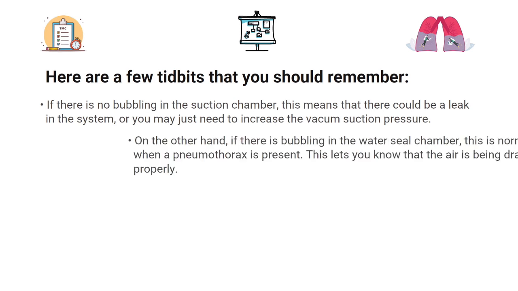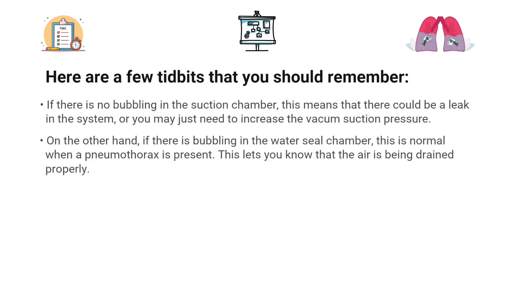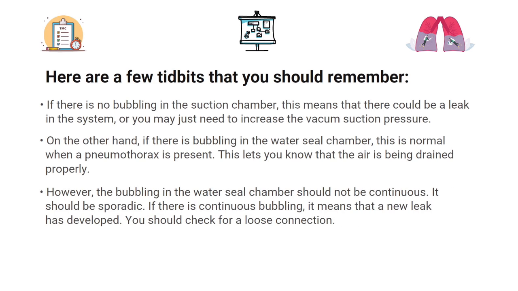On the other hand, if there is bubbling in the water seal chamber, this is normal when a pneumothorax is present. This lets you know that the air is being drained properly. However, the bubbling in the water seal chamber should not be continuous. It should be sporadic. If there is continuous bubbling, it means that a new leak has developed.